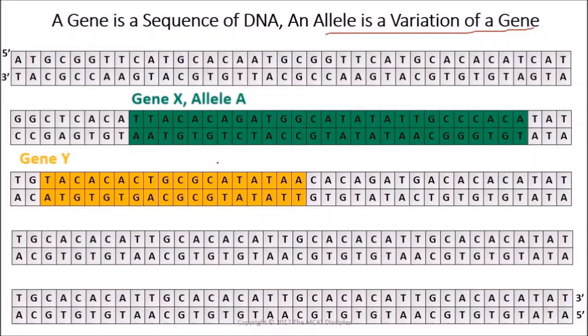So if, in a different person or on another chromosome of this person, you find that you have a CG where you used to have an AT, then we would call that allele B. Gene X, allele B. It's just a small variation of the gene. It maintains its functionality, but instead of having an AT, it has a CG. So that's what makes it allele B. It doesn't have to be a CG, it could be anything, it's just some variation. So that when you transcribe this and then translate it, it comes out as a slightly different protein. There you go.